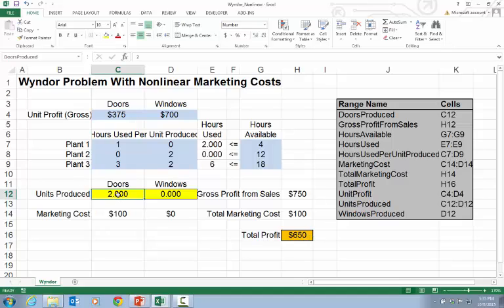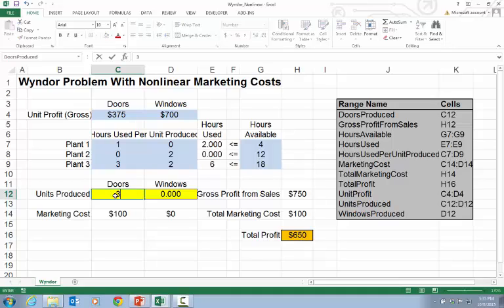Now again, watch this very carefully. As we make one door, our profit is $350. As we make 2, it's $650, which means that second door really only added $300. The first door gave us a profit of $350. The second door only added $300 of profit.